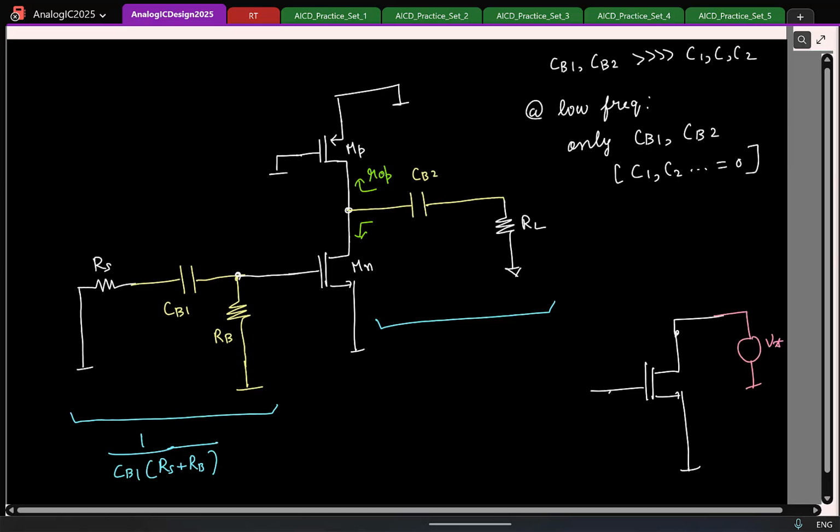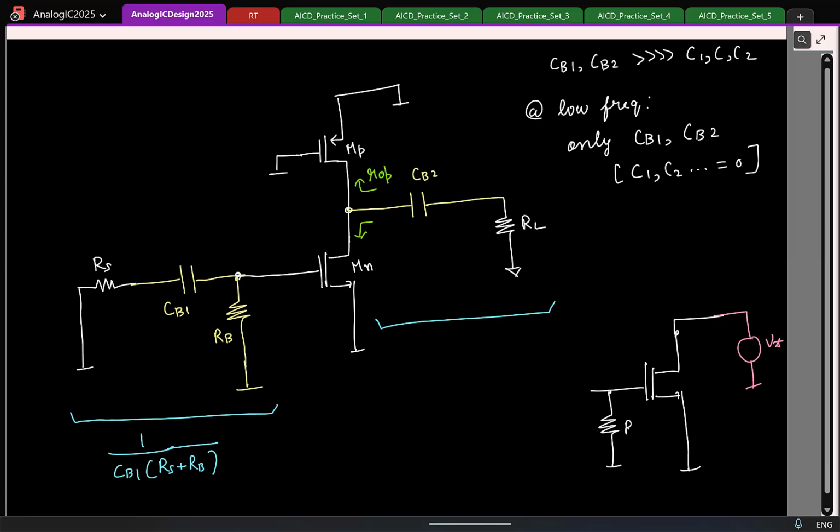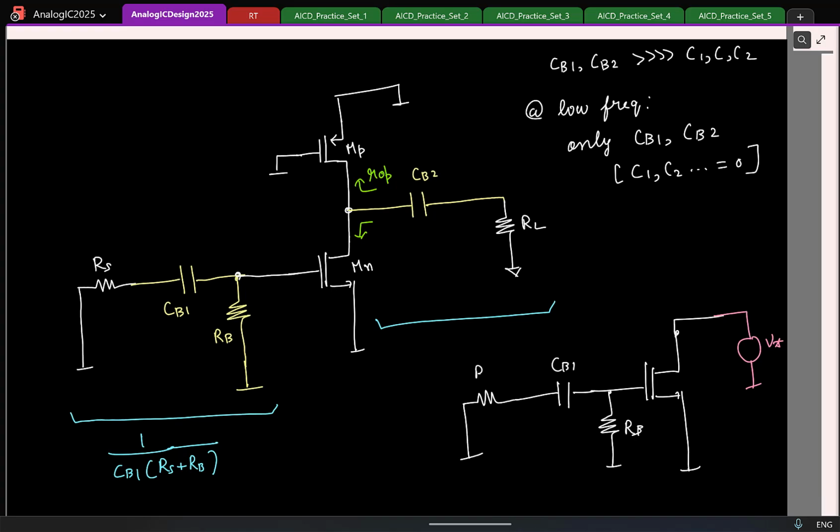Now I have this structure here, RB, CB1 and RS. I apply a small signal disturbance at the drain here, which is Vtest. What can you say about the small signal voltage at the gate? Same, Vt. 0, or it will be Vt times 1 plus 1 by gm R0.